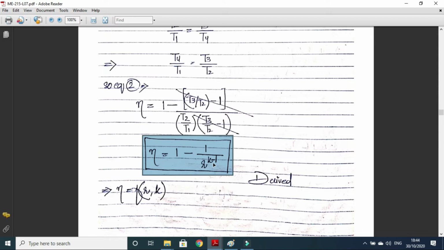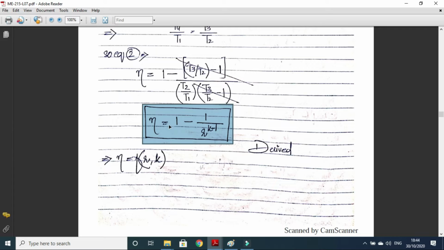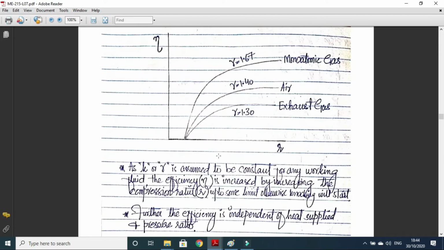Similarly for k, if we increase the k value, 1 divided by r to the power k minus 1 will come out to be a smaller value, and if we subtract the small value from 1, we get the larger value. So efficiency will increase with increasing r and k. So there is a direct relation between r and k.